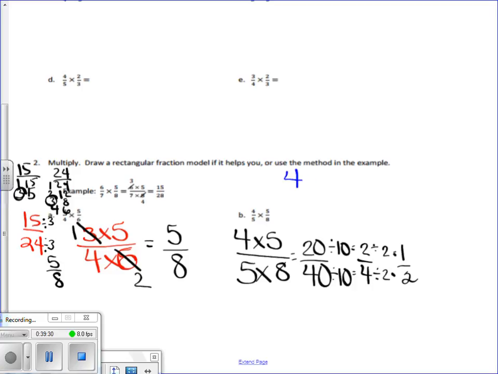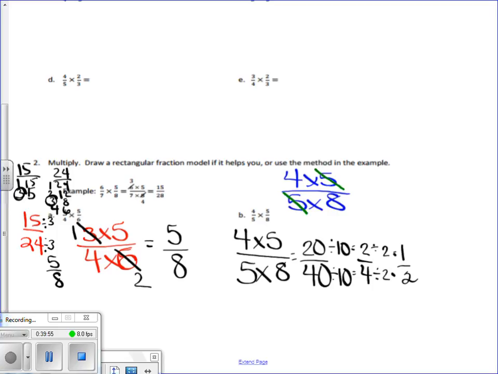So 4 times 5 over 5 times 8. Another way that you could do this is to see that 5 and 5 are shared. They're the same number. 5 and 5 both have 5 in common.